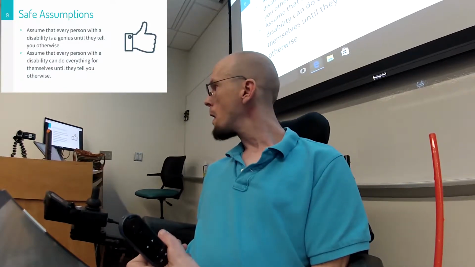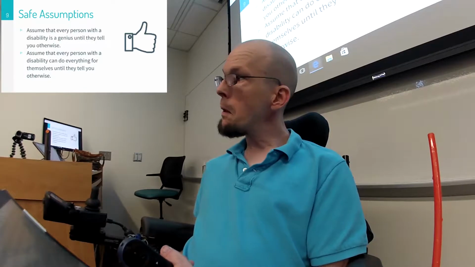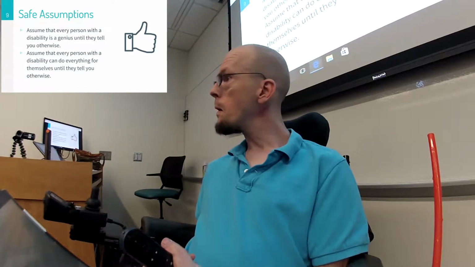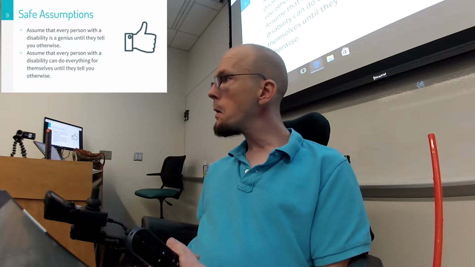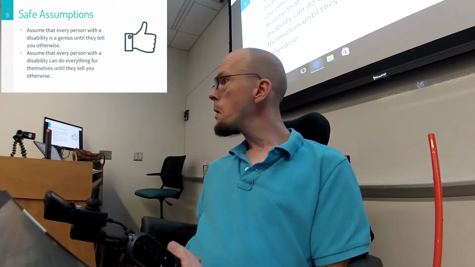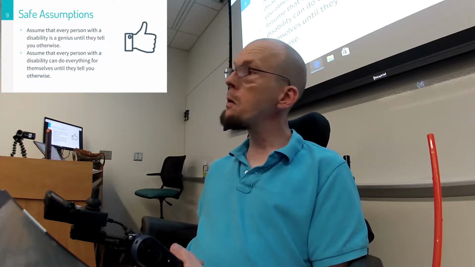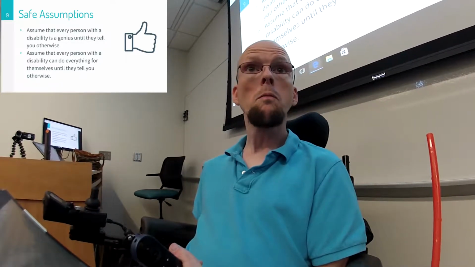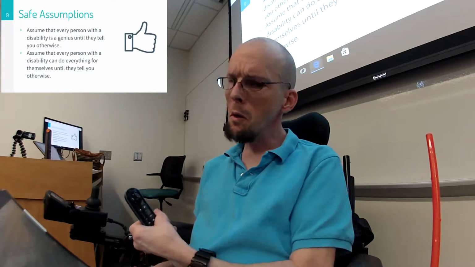The idea is that it's safer, it's easier, to assume the best or the highest, and then adjust according to what that particular person is showing. Coming from the opposite direction will probably offend the person, and from my experience, it's more difficult for a professional to allow their expectations to be raised than to be lowered.